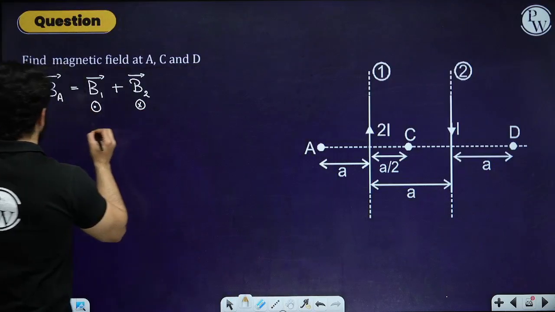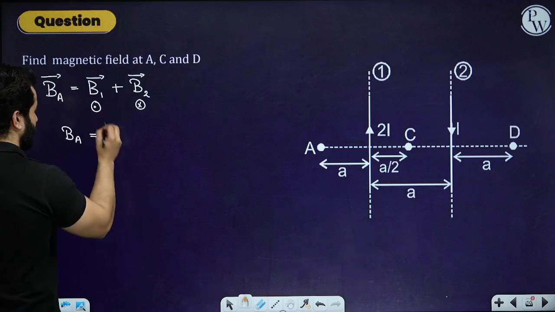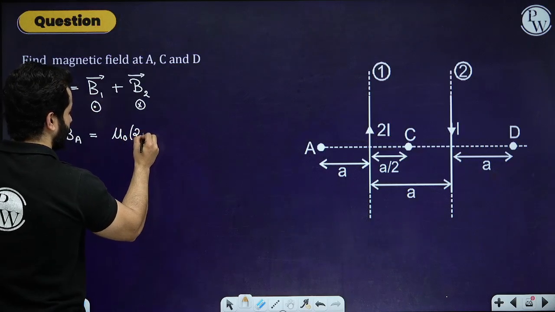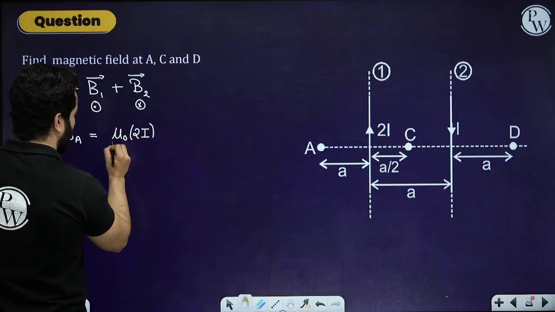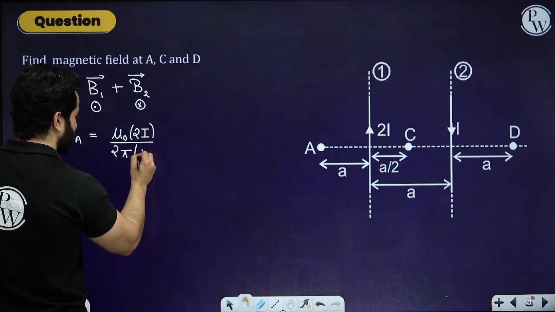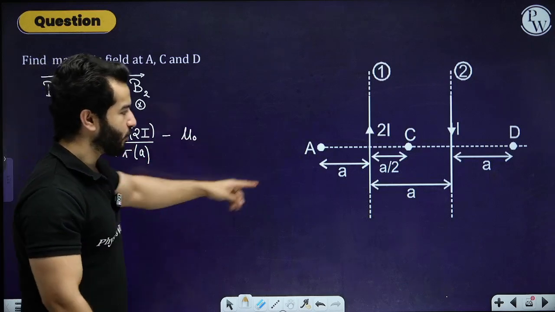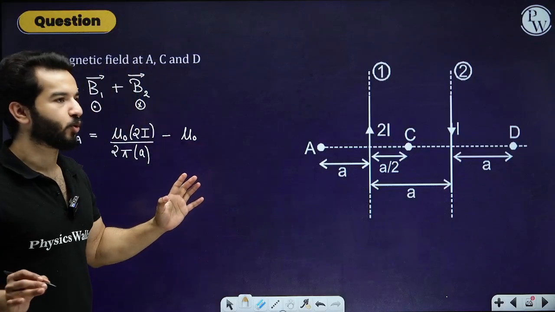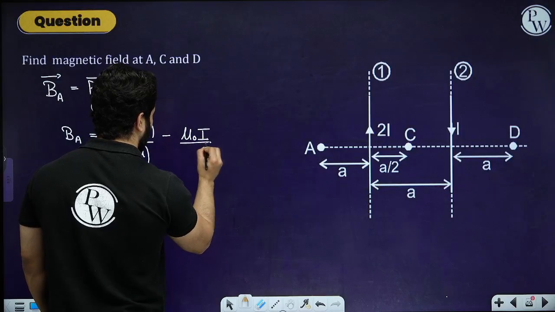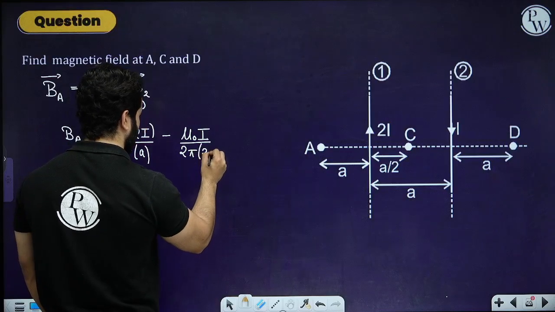When I'm going to talk about the magnitude of B at A, I'll write something as mu naught times 2I upon 2 pi into D. D is actually A. These are infinite wires, so I'm just using the formula of mu naught upon 2 pi D. Minus mu naught I upon 2 pi into 2A.